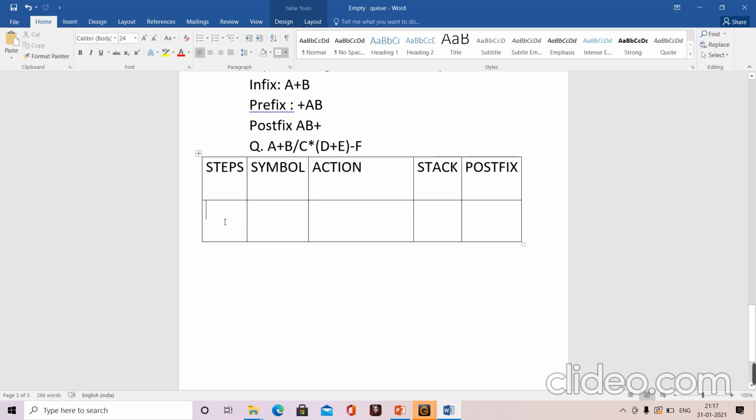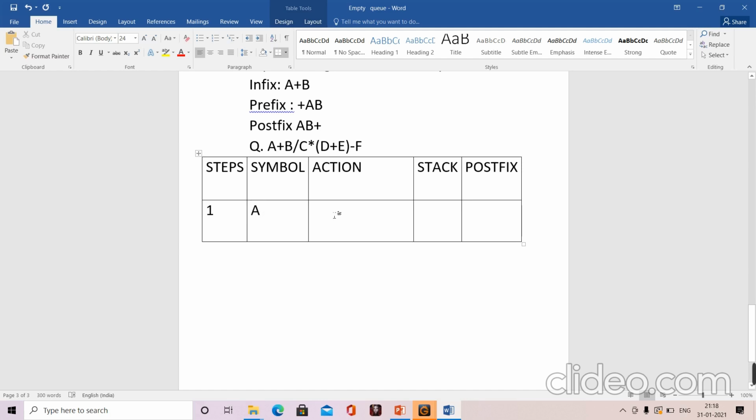In the very first step, we have to scan the symbols from left to right. So we start scanning from A. When you scan from left to right, we encounter the very first symbol, that is A. So we write A.